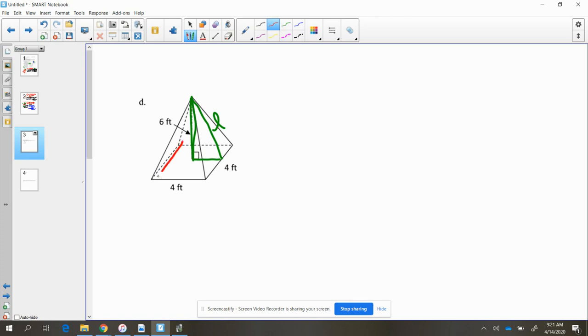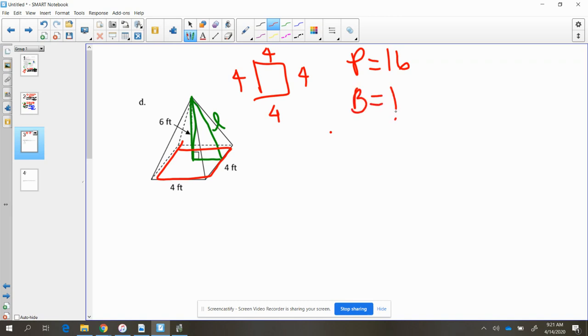Now as we start here, again, we have that square base. So that square base has 4 sides that are all equal 4. So the perimeter we said is going to be 16 feet. The area of the base is going to be 4 times 4, so 16 square feet. And then from there, we talked about in that last problem that in order to calculate this slant height, we need to use Pythagorean theorem. Again, your base of your triangle is half of this side length.